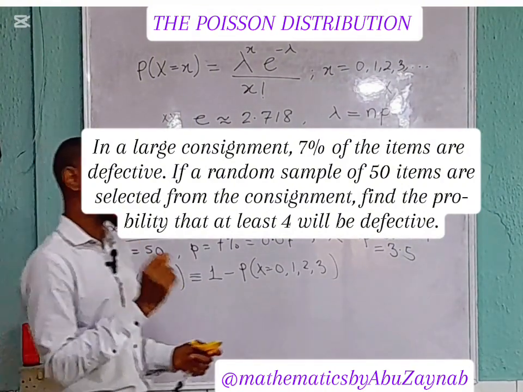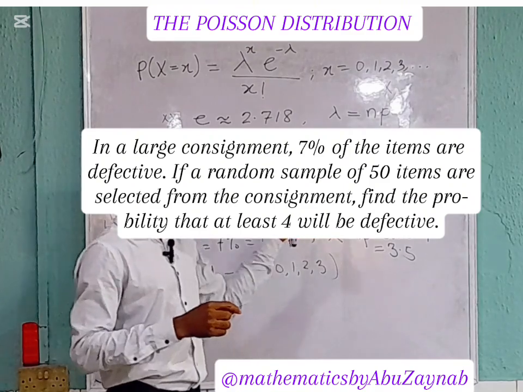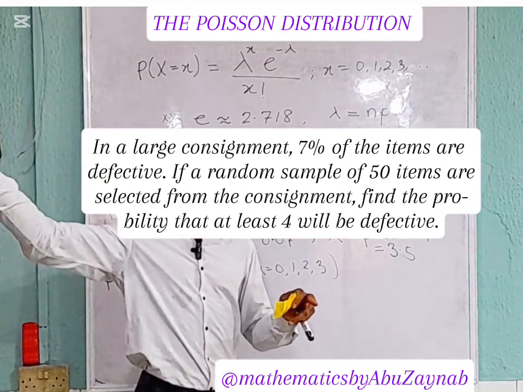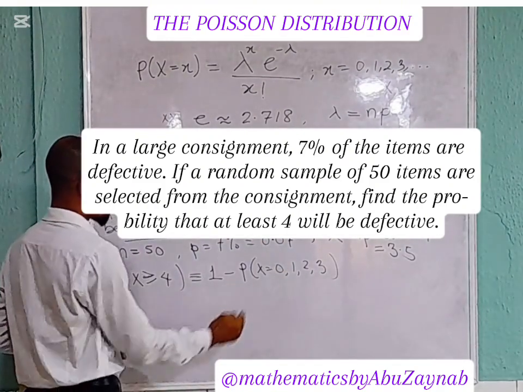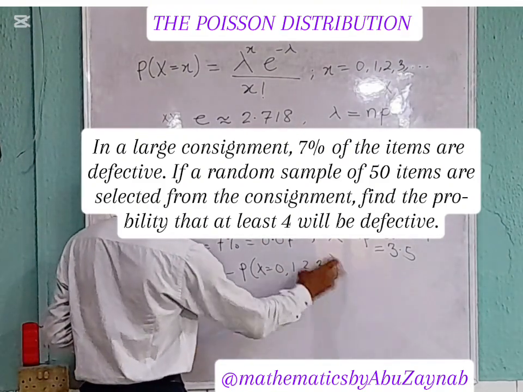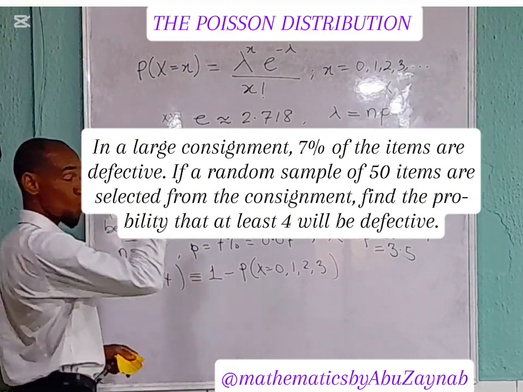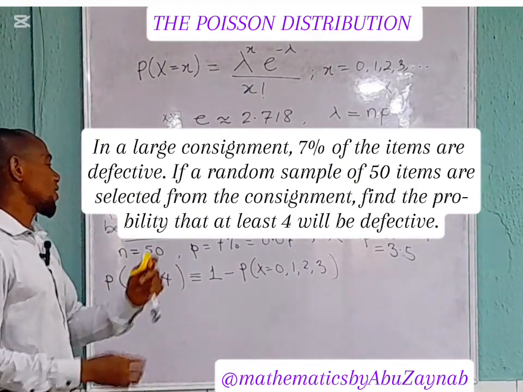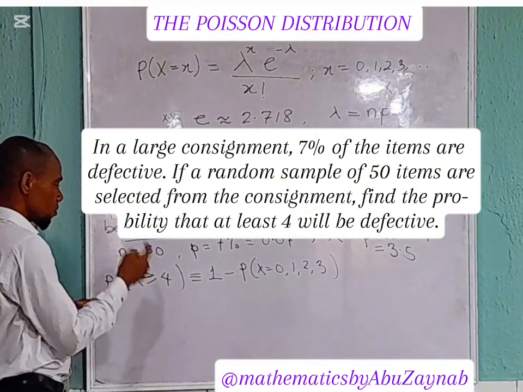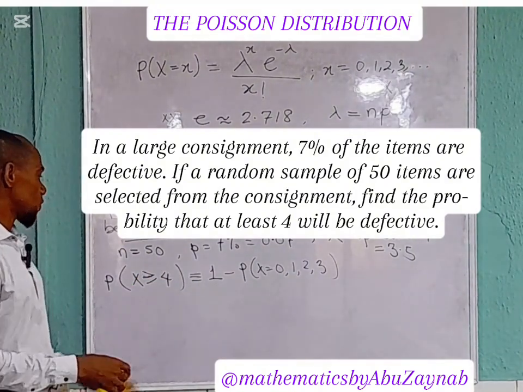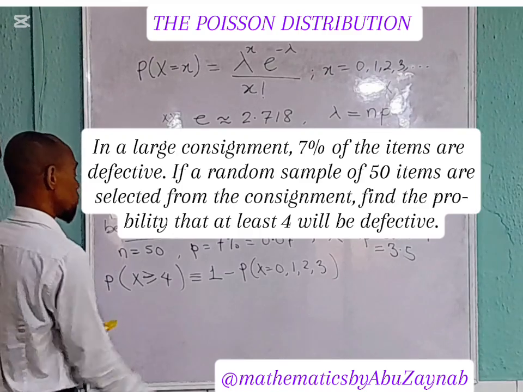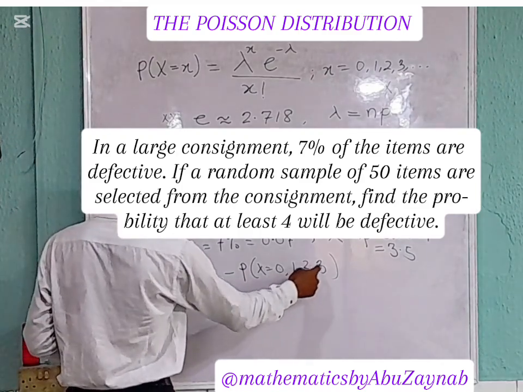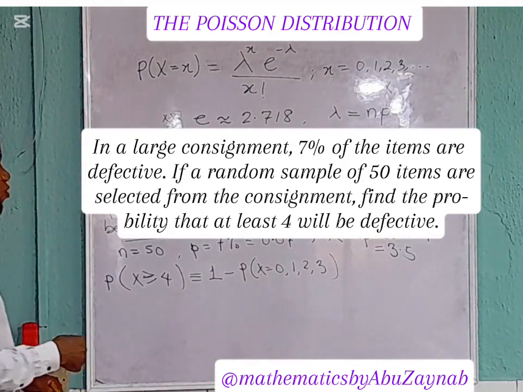So the probability from x equals 0 to x equals 50 sums up to 1. Once we have 0, 1, 2, 3, we simply add them up and take away from 1. The resulting answer gives us the solution desired, which is from 4 to 50. So the challenge now is how to compute the probability of 0, 1, 2, and 3. And that isn't really much of a challenge.